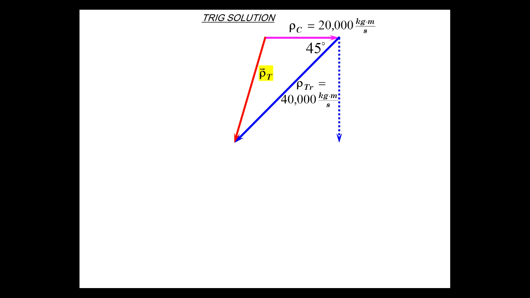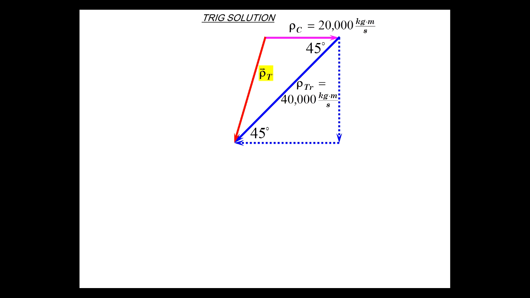So the sketch will help us because now we're going to resolve this vector into its components. I mean, this is a component of the resultant, but anyway, with this 45-degree angle, let's resolve it into its y and x components. That'll be helpful.